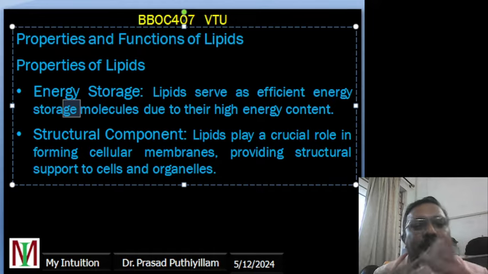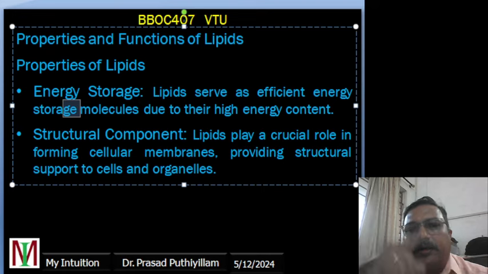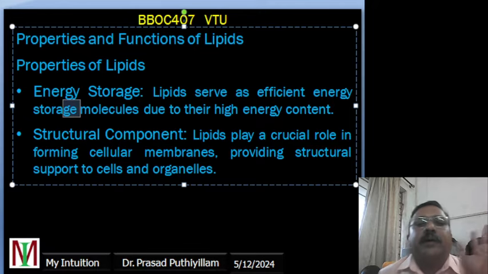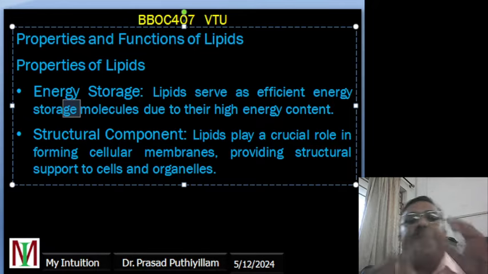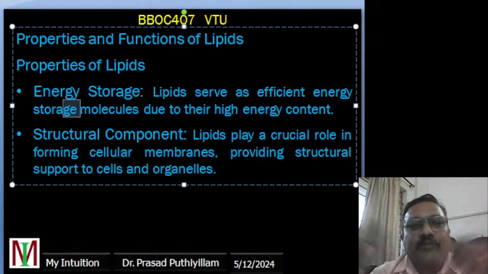This is because the number of carbon-hydrogen bonds in lipids is very large compared to carbohydrates, and all these bonds can break. When a carbon-hydrogen bond breaks, energy is released.